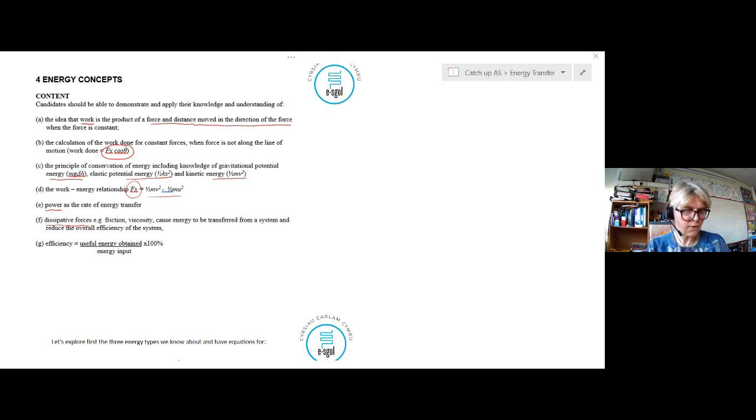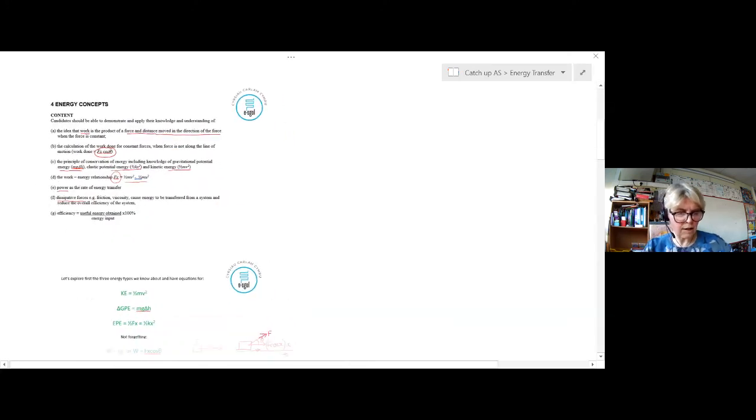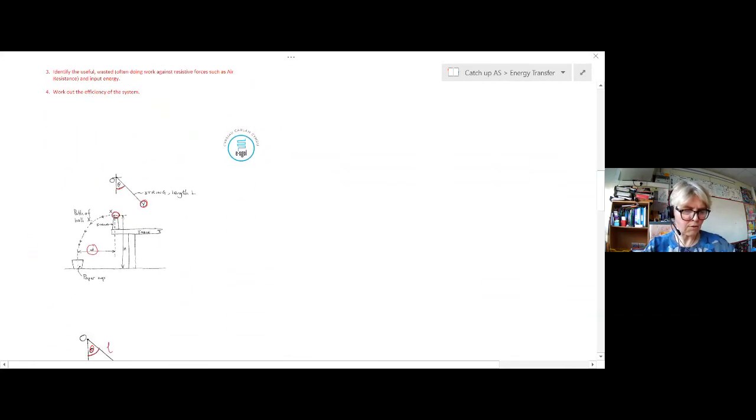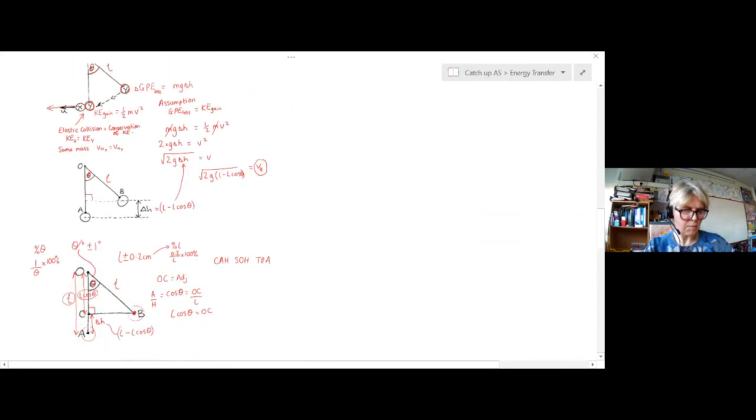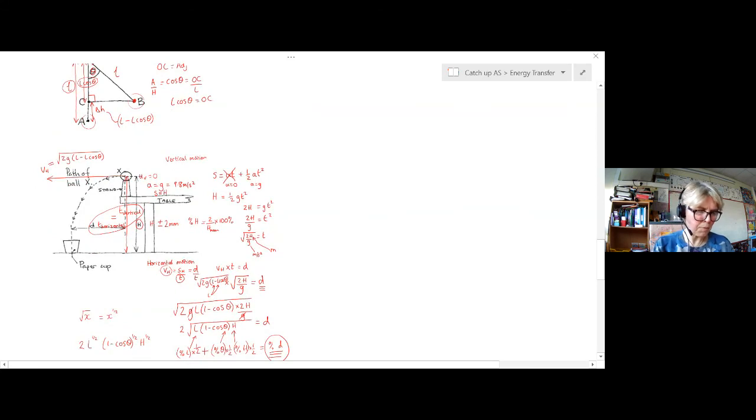And the last thing would be the efficiency of a system, identifying the useful, identifying the total, and working out the efficiency of that system. And I think actually you can get that from the equation that we've done here, because sometimes people do this for real, like in class, and they realize they have to put their cup here.